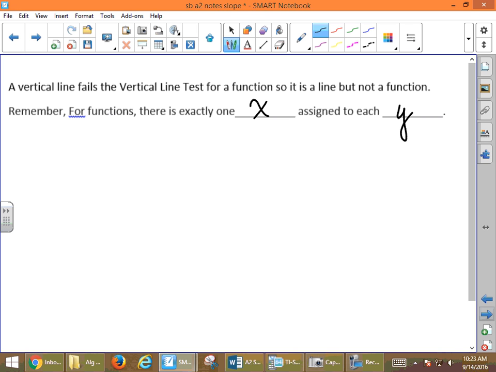What might make more sense to you is that there's no repeats in x. That's how we can look and say that something is a function. The x cannot repeat. The y can repeat, the x cannot repeat.